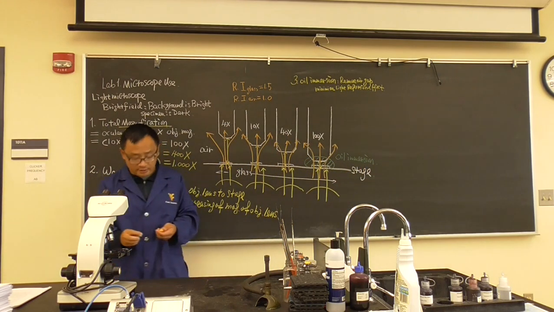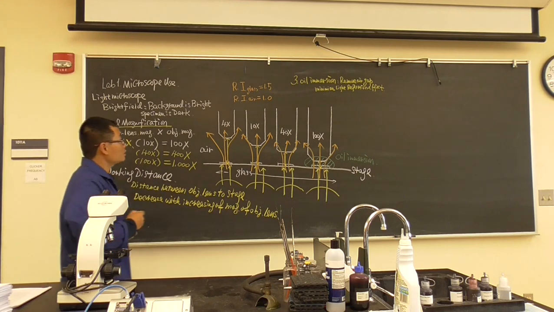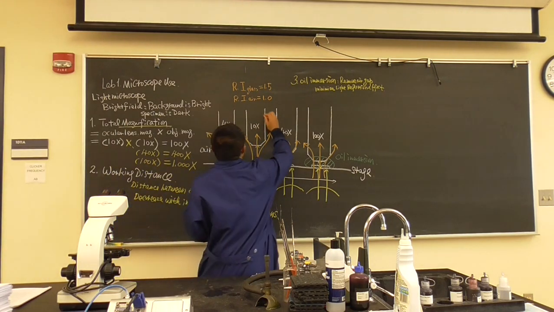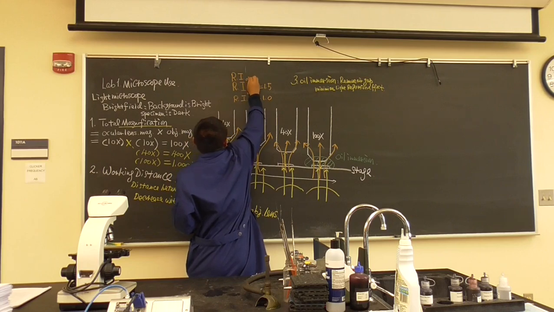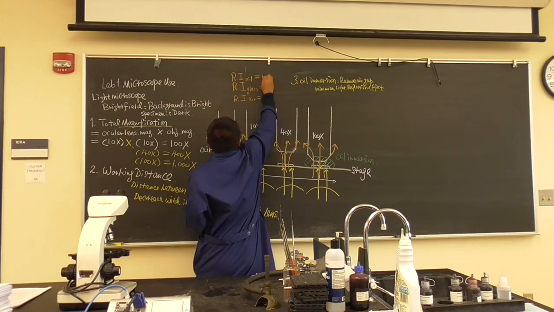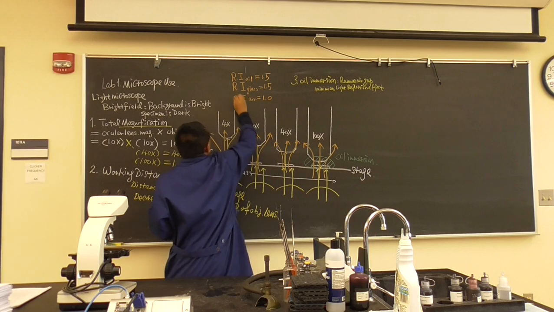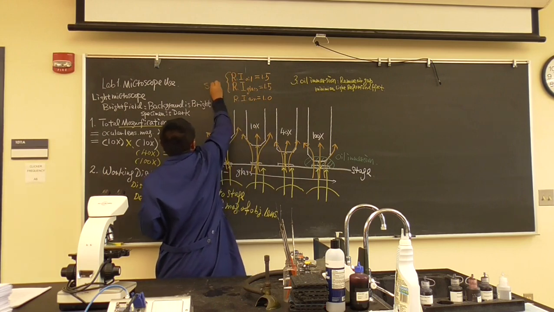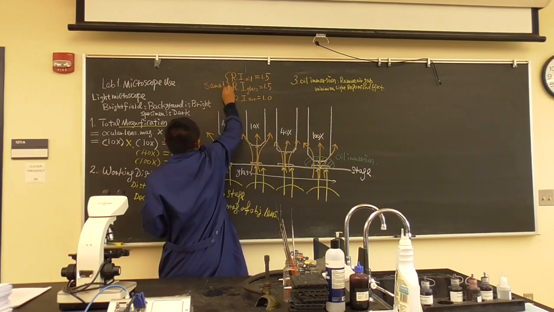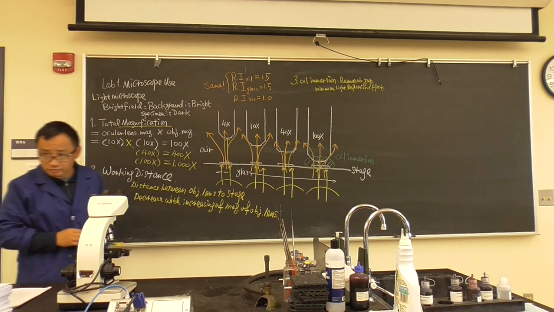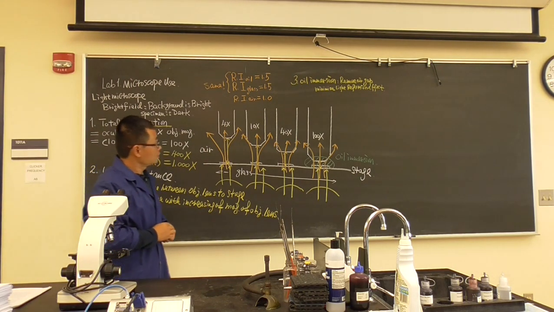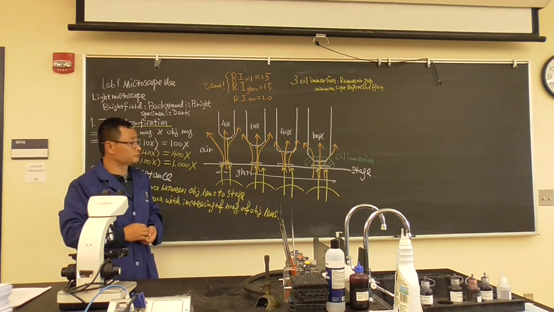We do not use other material because the refraction index of oil also equals 1.5. These two are the same. It's the same refraction index of oil and glass. Therefore, they remove the air gap.